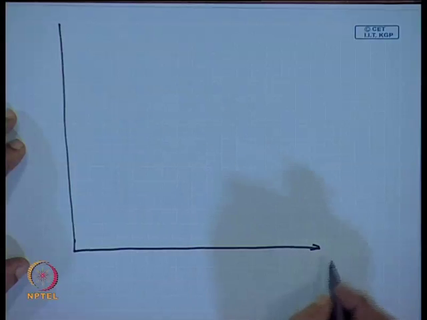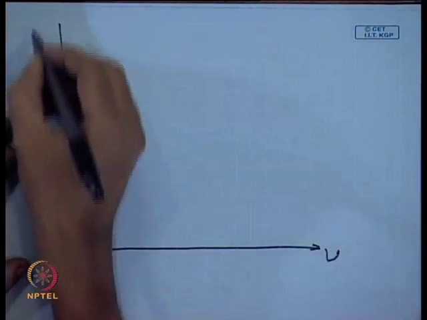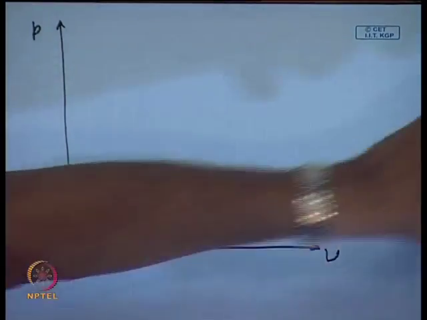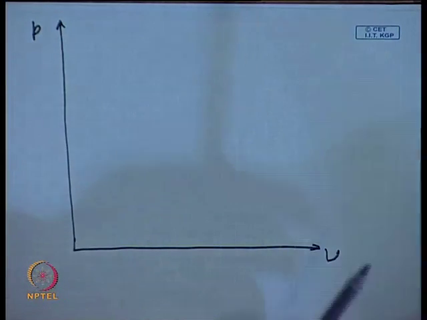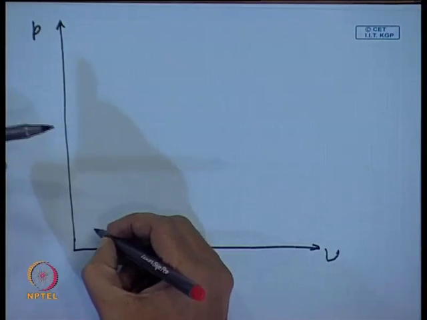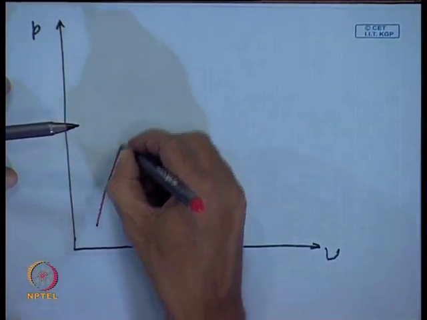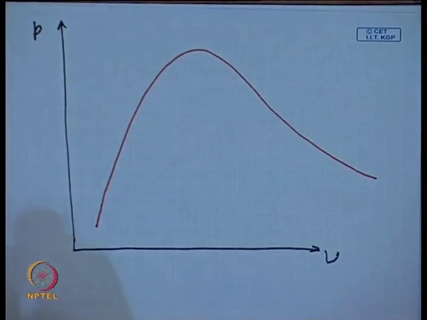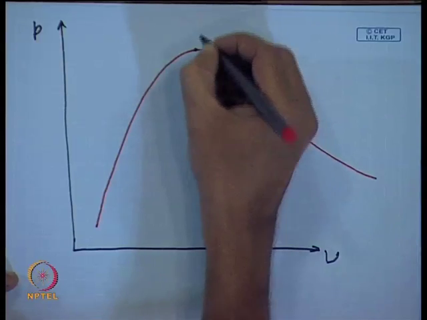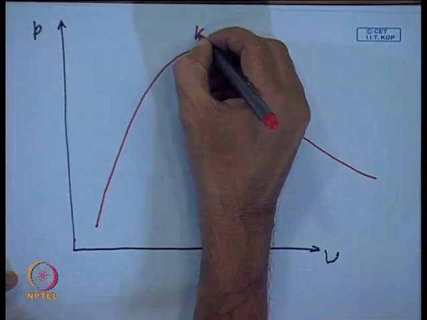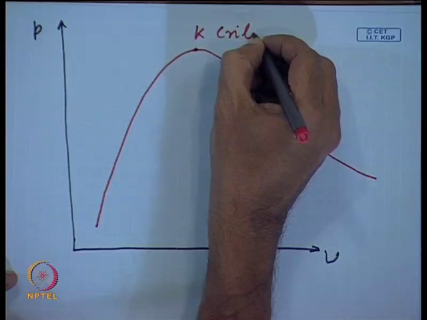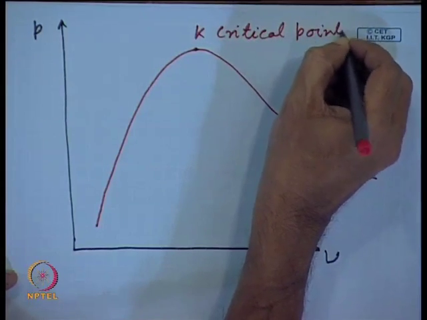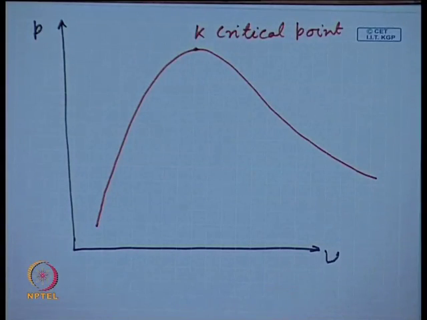So, this is the conventional PV diagram, and we are interested in the two phase dome. So, basically in the PV plane for many common fluids, the two phase dome looks like this. So, here we have the critical point. Okay.